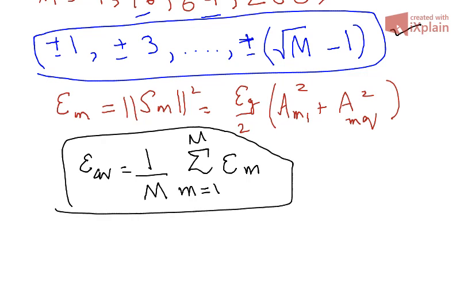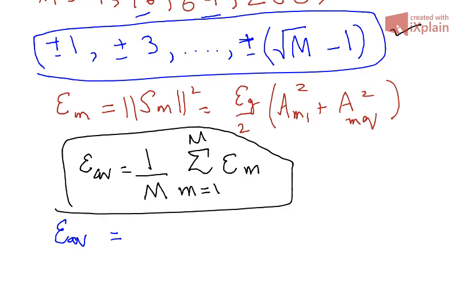So this is how we derive the expression for the average symbol energy. Now we can rewrite this expression for the average symbol energy in this particular special case.